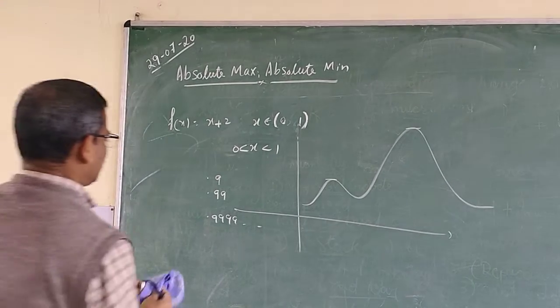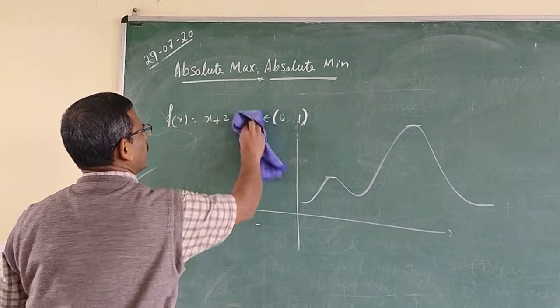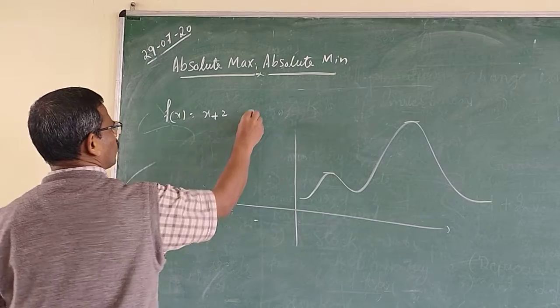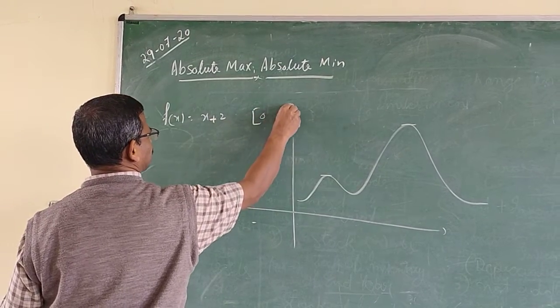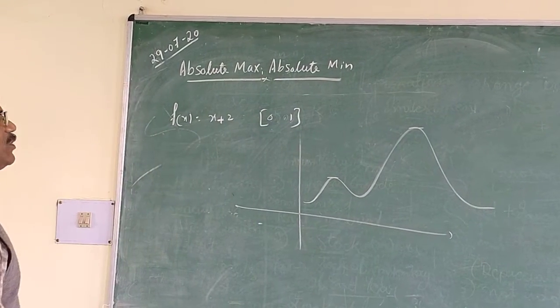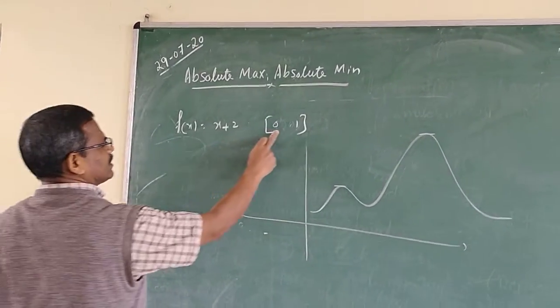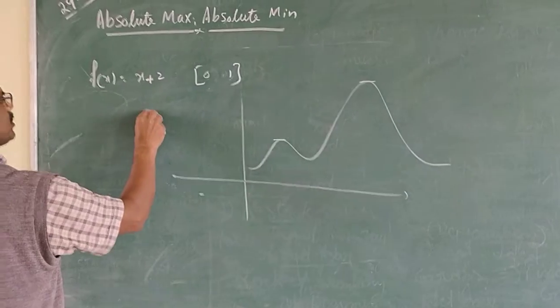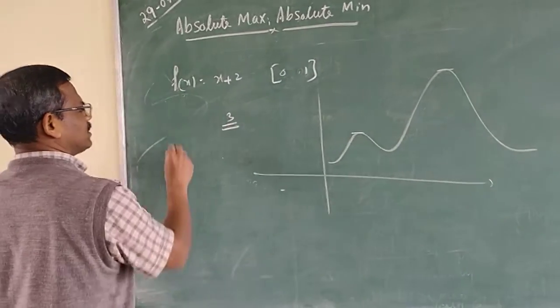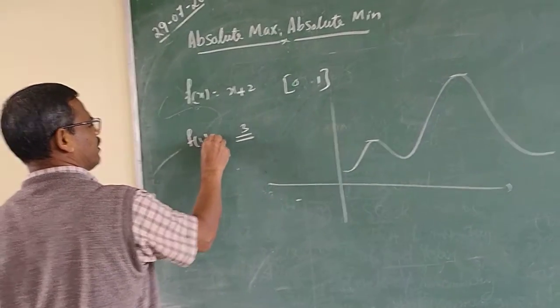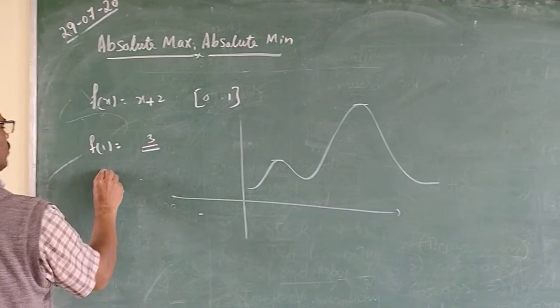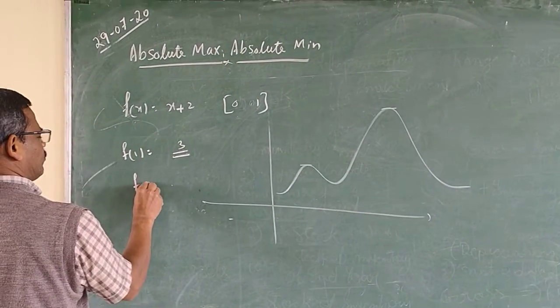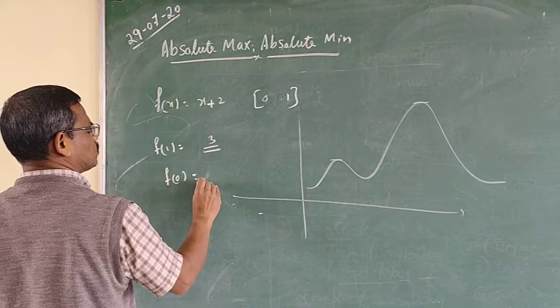But when you change the interval to the closed interval 0 to 1, then you can see that the highest value will be 1 plus 2, that is 3, which occurs at f(1). And the lowest value is f(0), 0 plus 2.